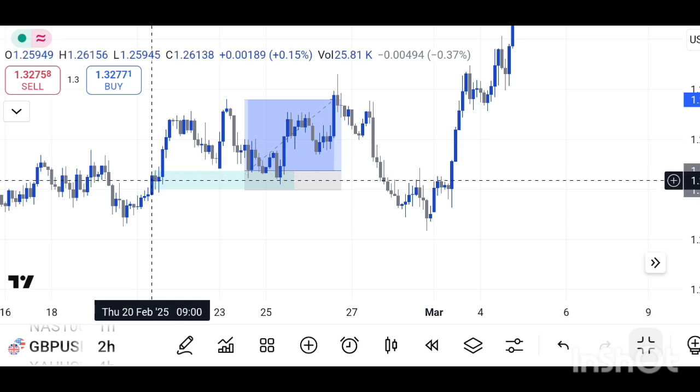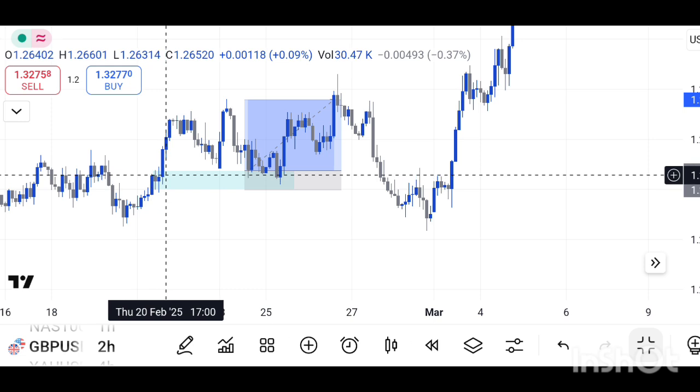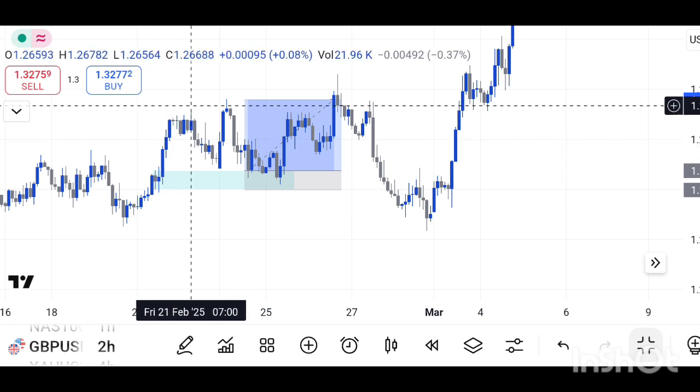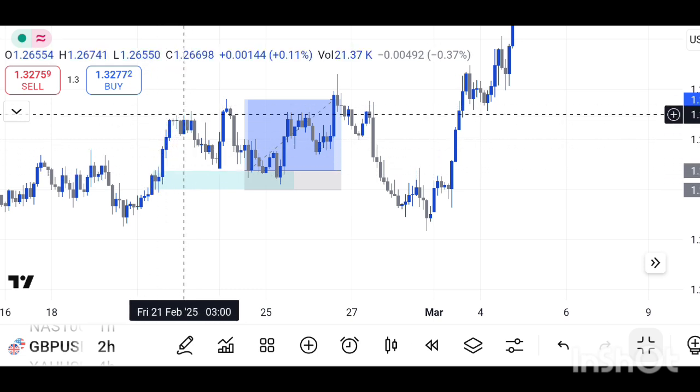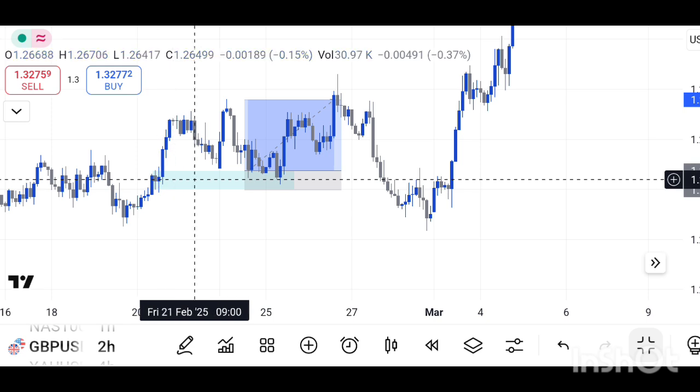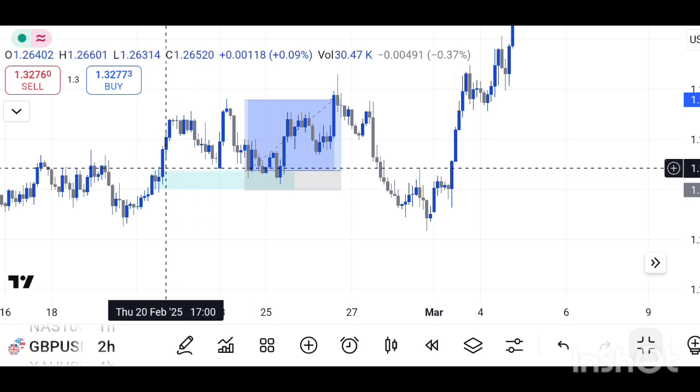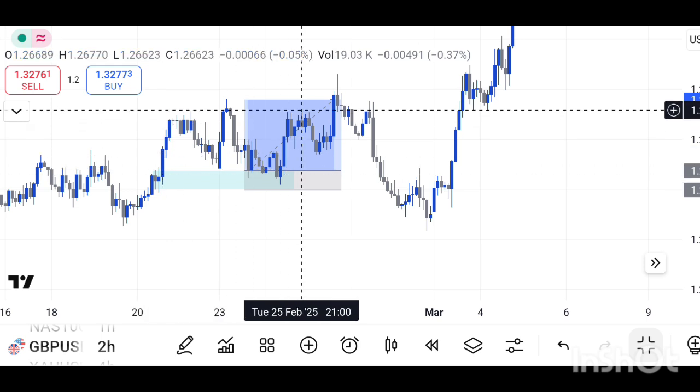Gray is red. Gray is the selling candle with my chart color, right? Then blue, the buying candle. So that opposite candle before this impulsive move becomes a demand zone, right? Because for a demand, market needs to come back, tap into the zone, then buy. Demand and supply, simple as that.